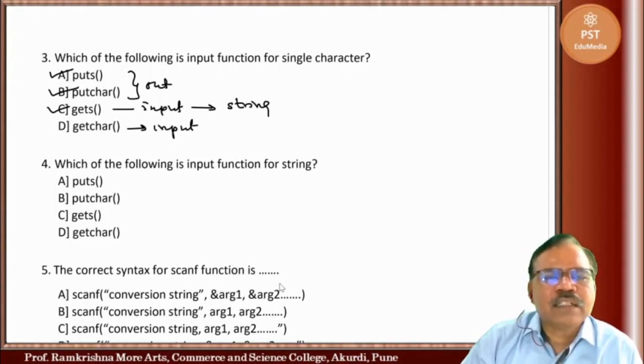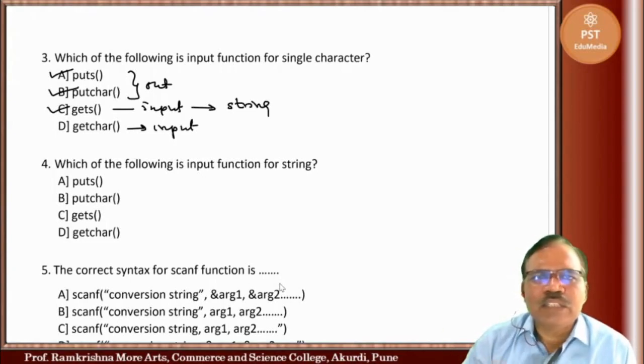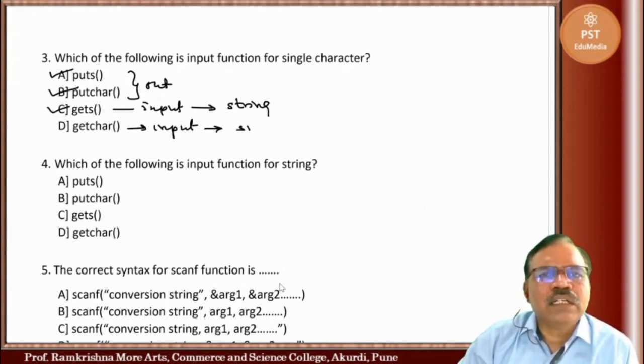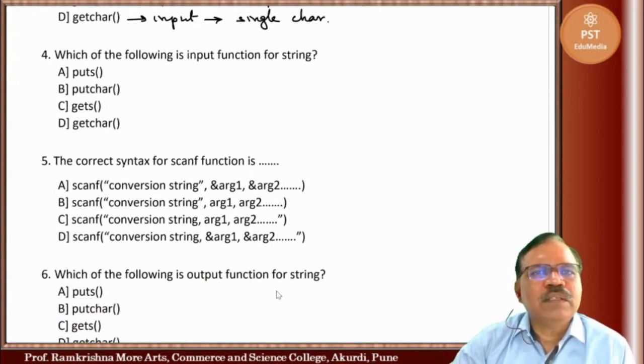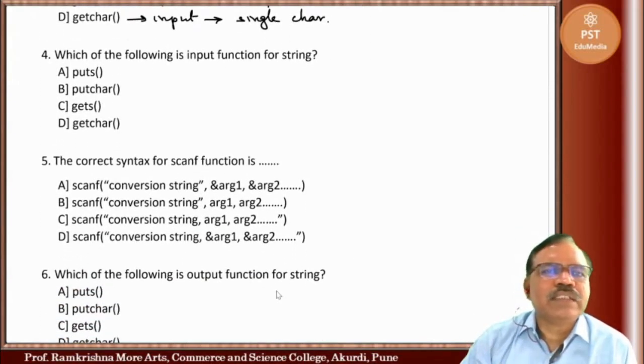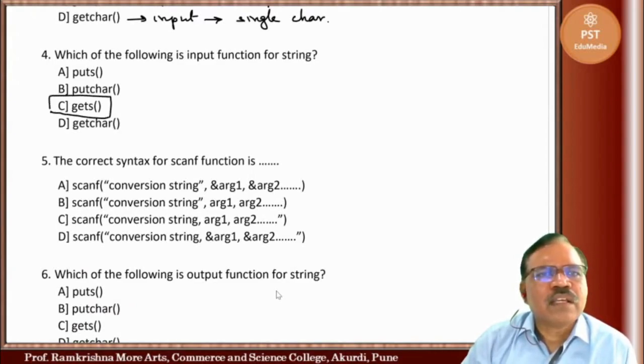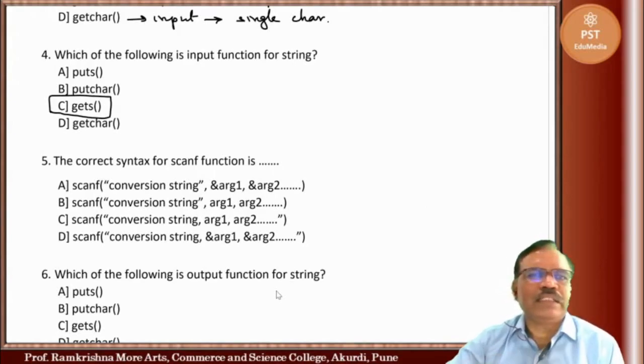String means a combination of characters, a number of characters are there, and this one is used for a single character. Now which of the following is an input function for a string? Here we have just seen gets is the input function for a string.